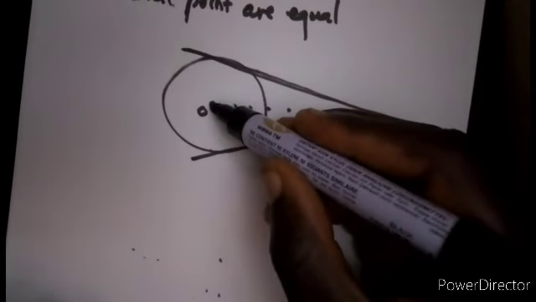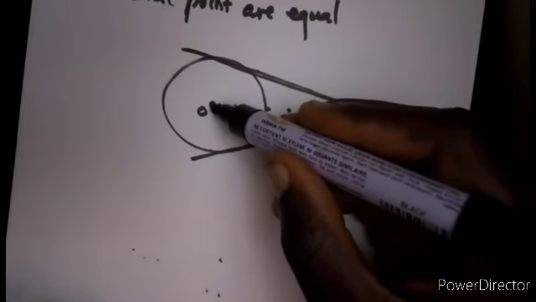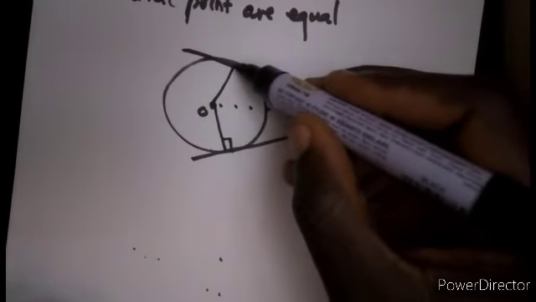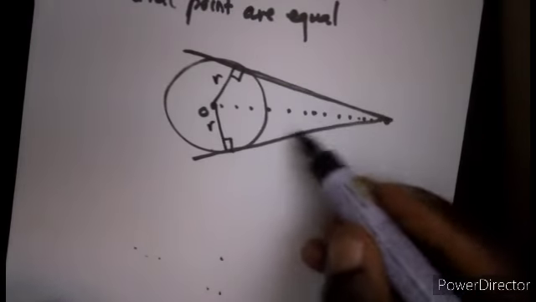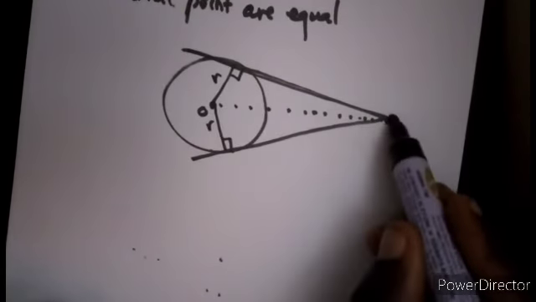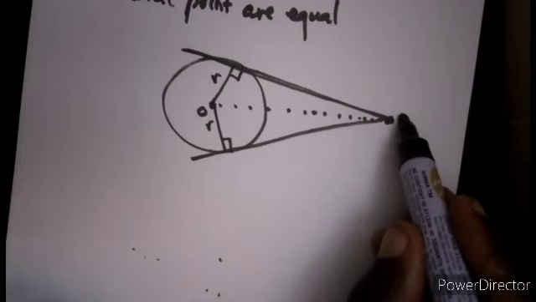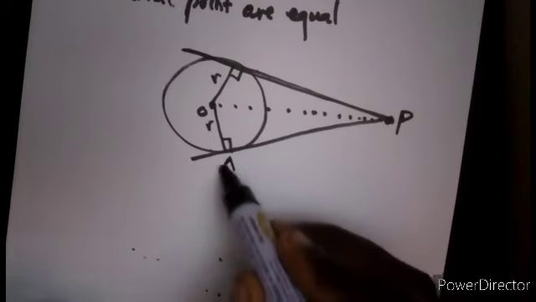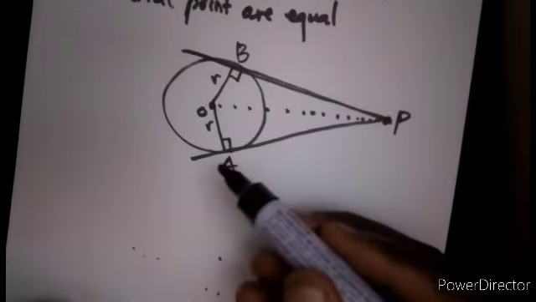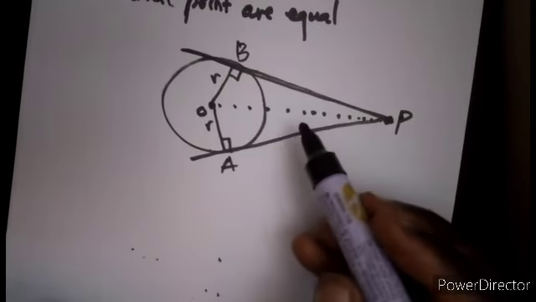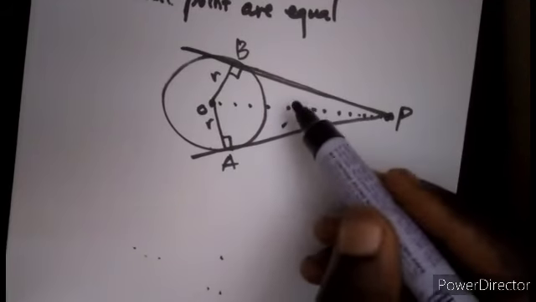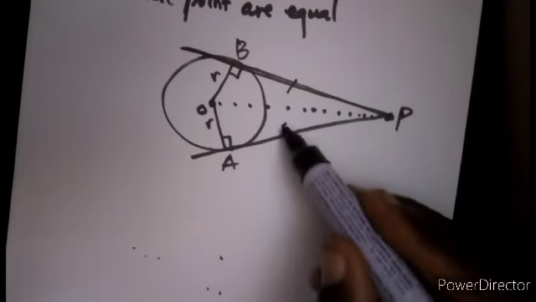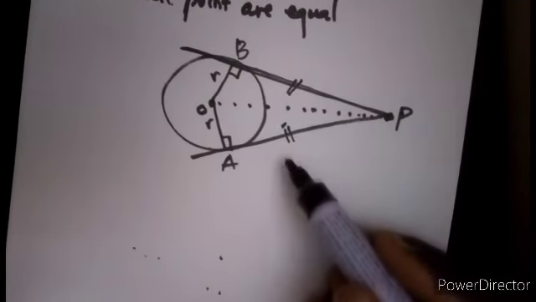First of all, we do know by proposition 6 that this is 90 degrees, and this is also 90 degrees as a radius of the circle. We can call this point P, and let's call these A and B. So we are saying that these tangents are equal both in size and angle.